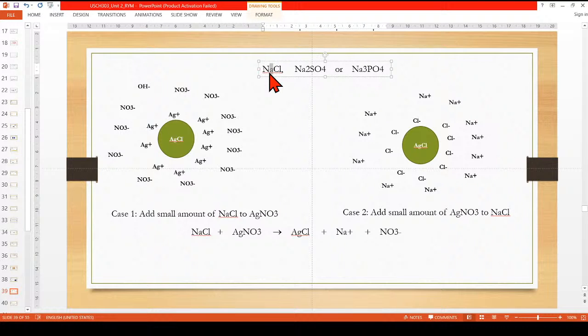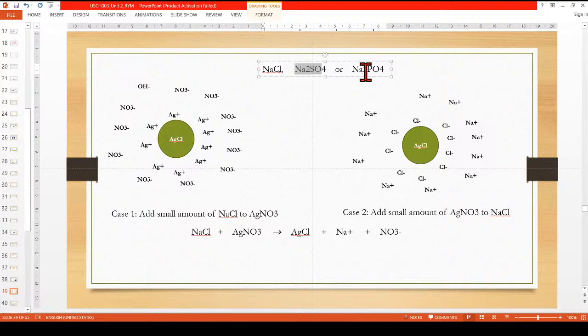Okay, so इधर NaCl में how many positive charges are there? Only one. In Na2SO4, when you dissociate, you will get twice of Na plus and SO4 minus. So when you are adding 1 mole of each, for NaCl 1 mole, you are getting only 1 mole of Na plus. But for 1 mole of Na2SO4, you are getting 2 moles of Na plus.